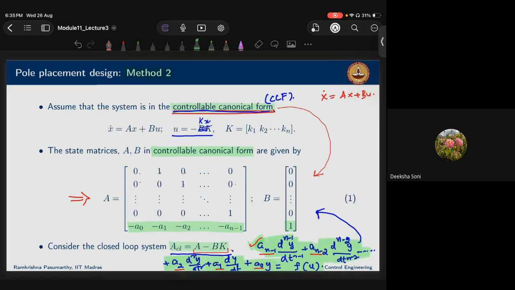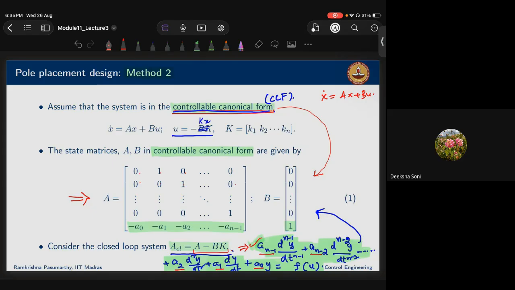Is it clear? So you have a mechanical system given to you. Once you write your kinematic equations, you get a differential equation like this.